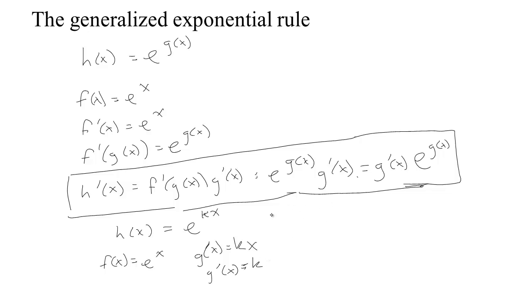So if you apply this rule in that case where the function is some constant times x, then the derivative of e to the kx is going to be e to the kx, right, times k, or if I turn it around, k e to the kx.